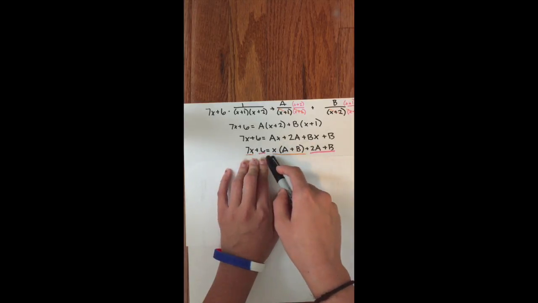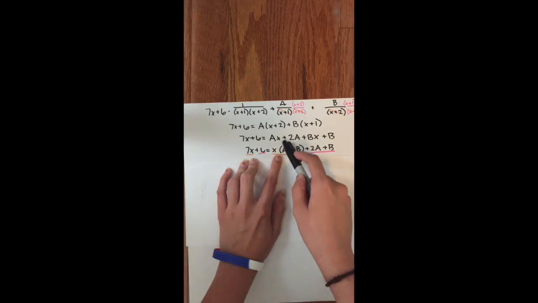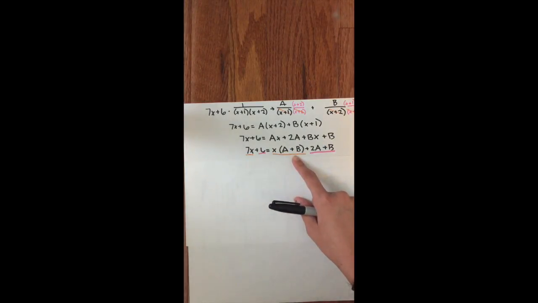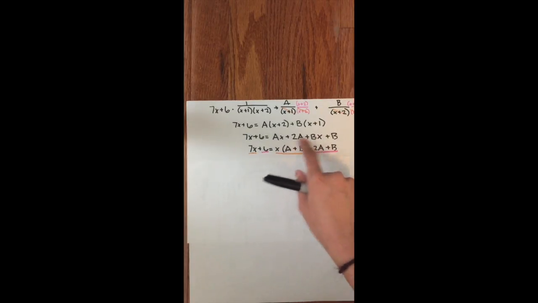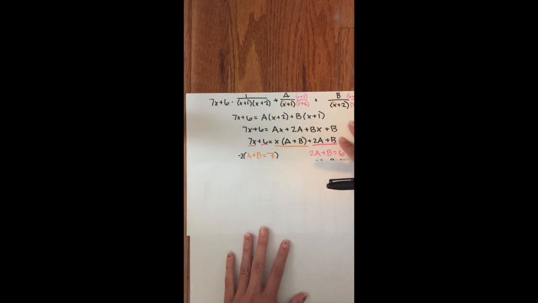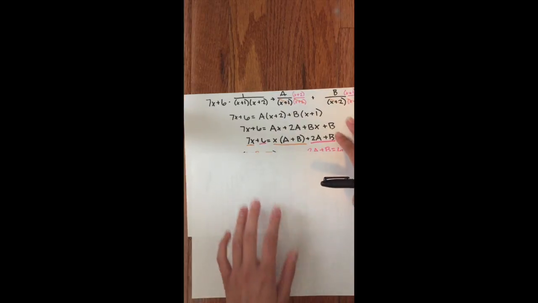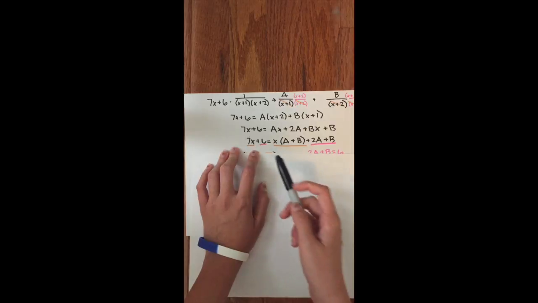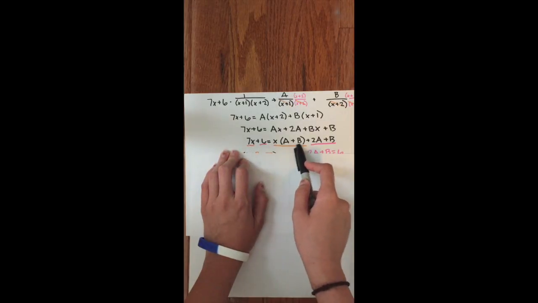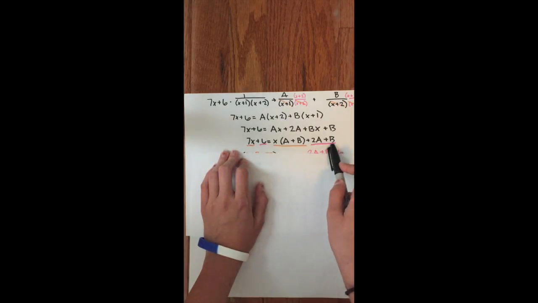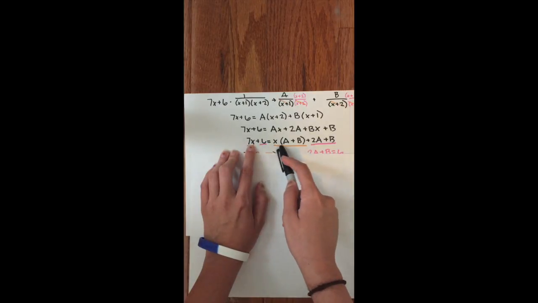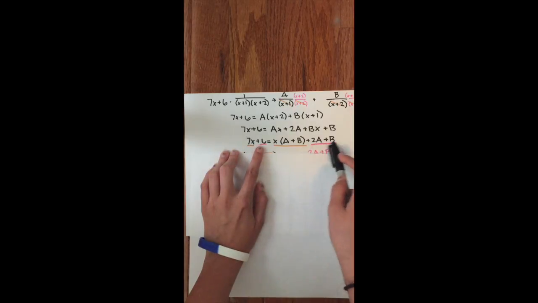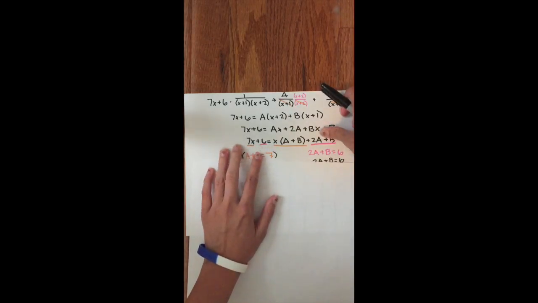So 7x plus 6 equals x times A plus B, because both of those have the x term, plus the remaining 2A and B. So now if you look at this equation, you can see some similarities: something times x plus another number. So A plus B has to be equal to 7 because it's times an x, and 2A plus B has to be the same as 6.